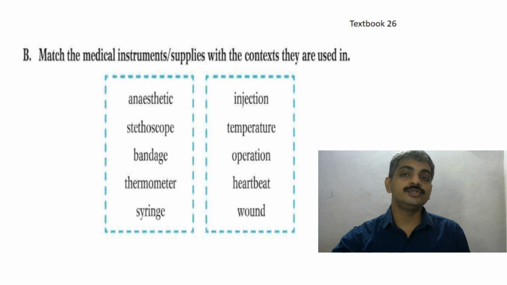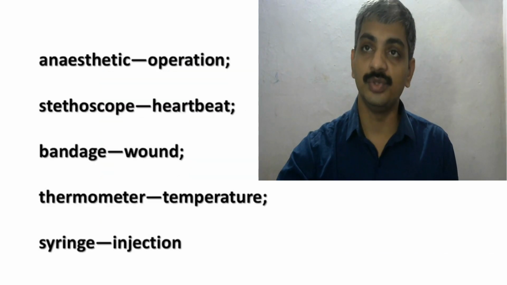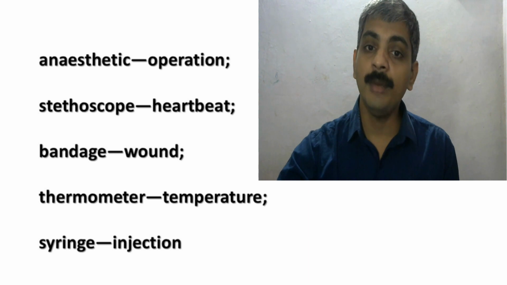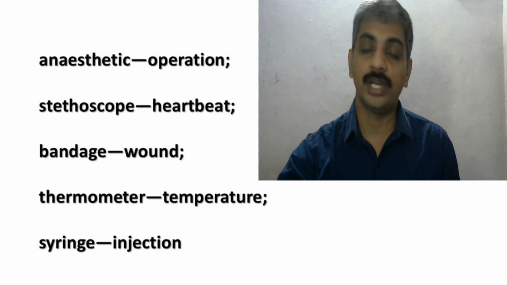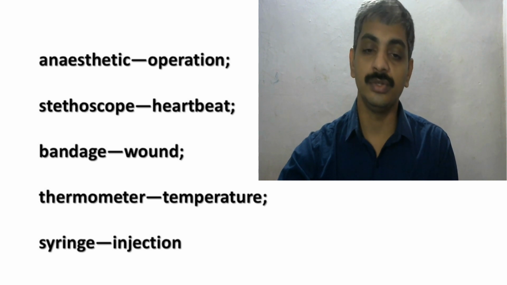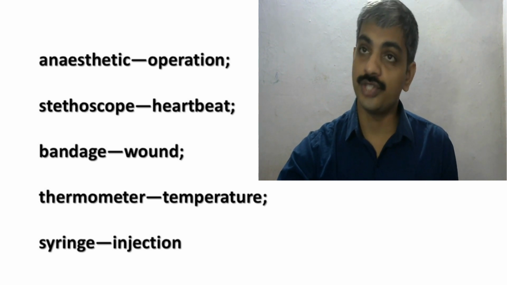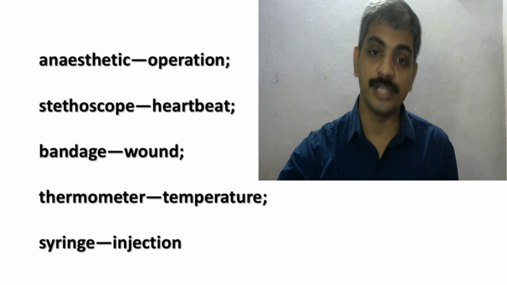But now we are going to see the answers right away, because it is a very simple activity. You can do it in your textbook itself. Anesthetic is used for operation; stethoscope, to check heartbeat; bandage, whenever we have a wound; thermometer, to check temperature; syringe, for injection.